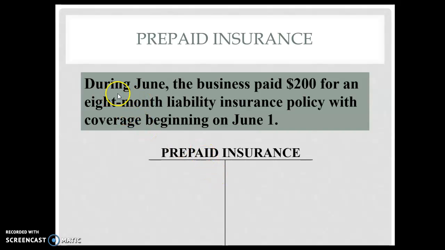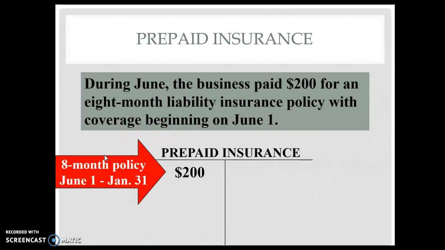Here's another one. During June, the business paid $200 for an 8-month liability insurance policy, with coverage beginning on June 1st. When we bought the policy, we debited $200 to prepaid insurance. This is an asset. We own this policy. And we would have credited cash at the time.